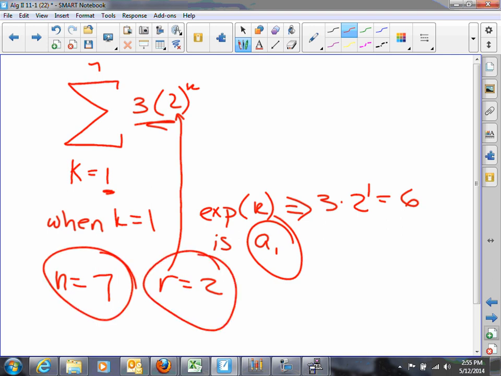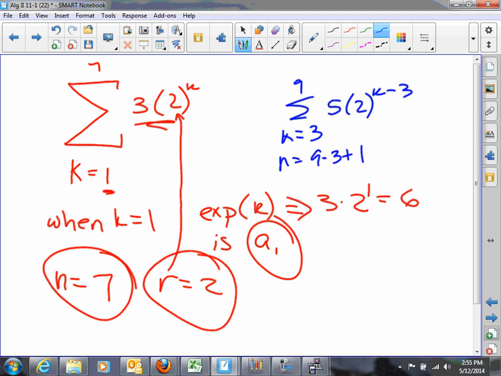Now, one thing I'll mention, I mentioned this back when we were doing sigma notation before. If they don't start with a 1 down here, let's say you have sigma k equals 3 to 9 or something like that, of 5 times 2 to the k minus 3. Then n turns out in this case to be 9 minus 3 plus 1, or 7.